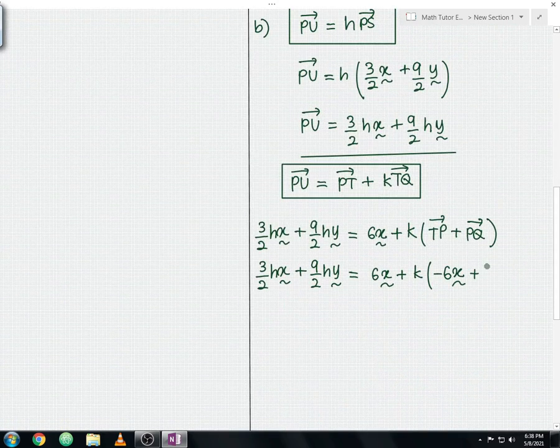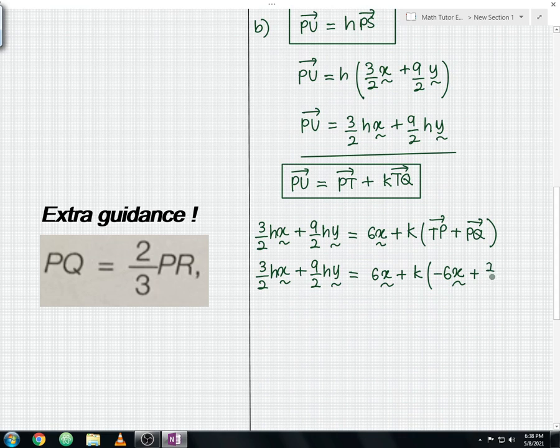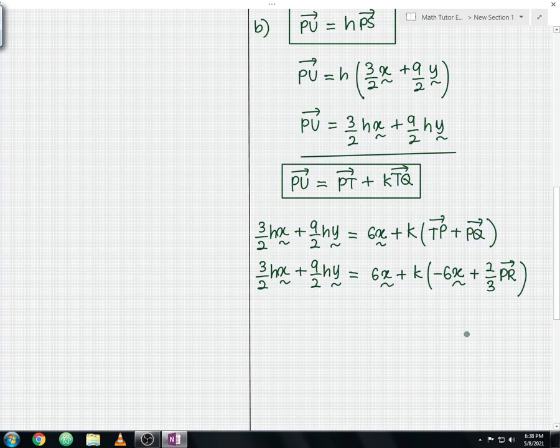So from here, 2 over 3 times the vector PR. Okay, let us continue our working. The left hand side still remains the same.